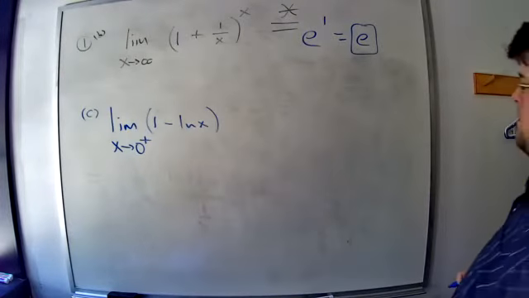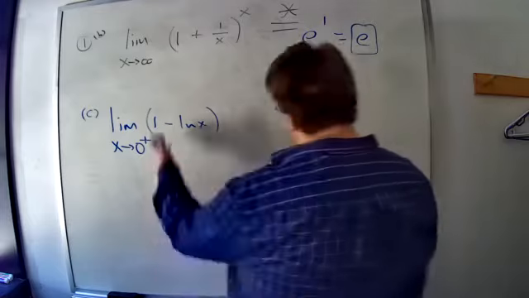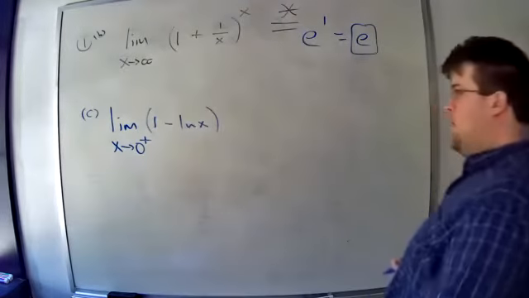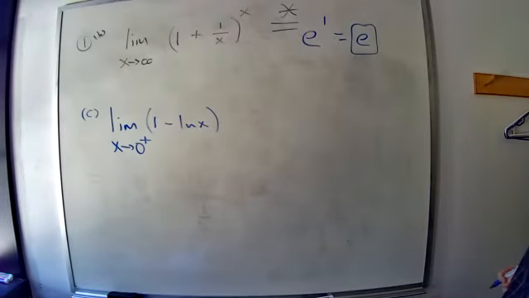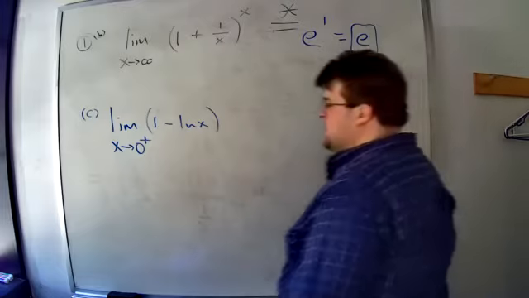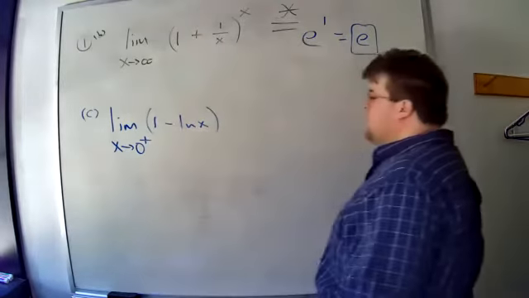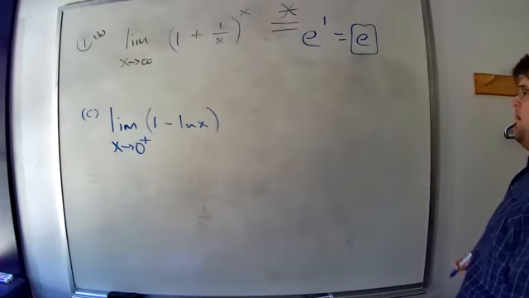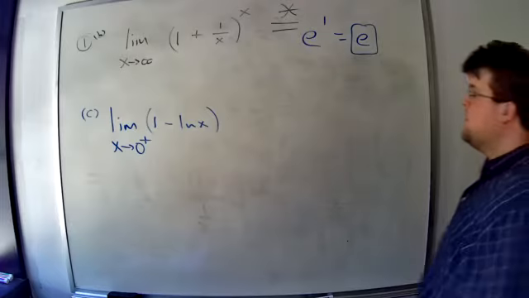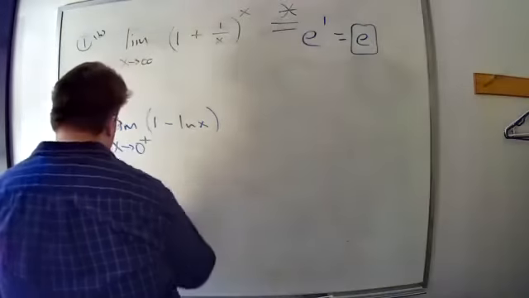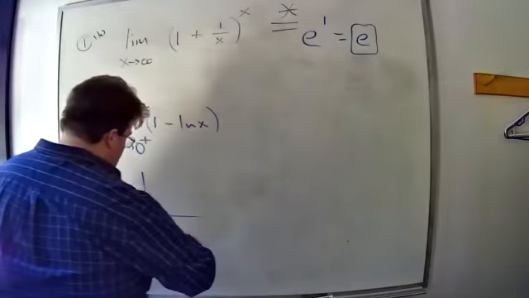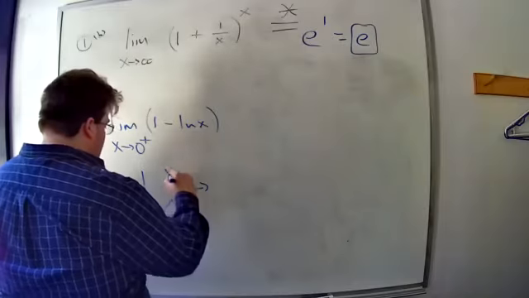We're also not going to get an application of L'Hopital's rule here. But what can we do with a logarithm? Well, we can find the graph of this function using our graph transformations, because we know what log x looks like.